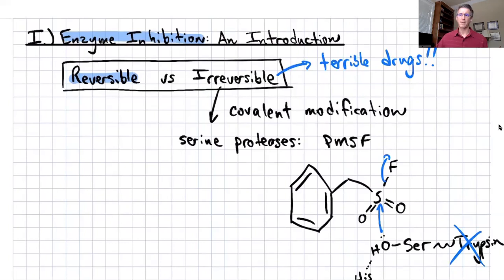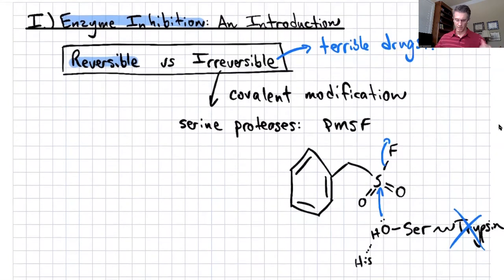Usually the name of the game in developing a therapeutic, a drug molecule of some kind, when you're targeting an enzyme, is that you want to modulate the activity. You don't want to wipe the enzyme completely out, right? So irreversible inhibitors, by and large, are not things you're going to find used as effective therapeutics when you're talking about inhibiting enzymes in a medical sense, right?